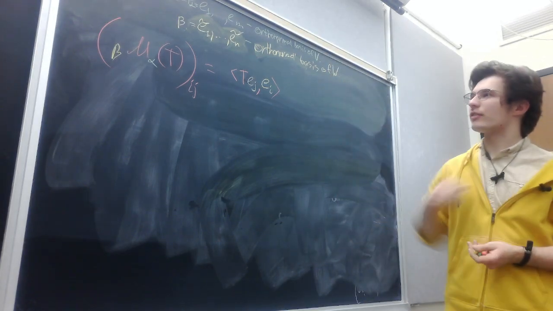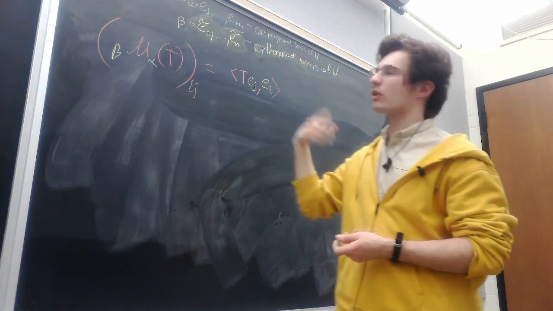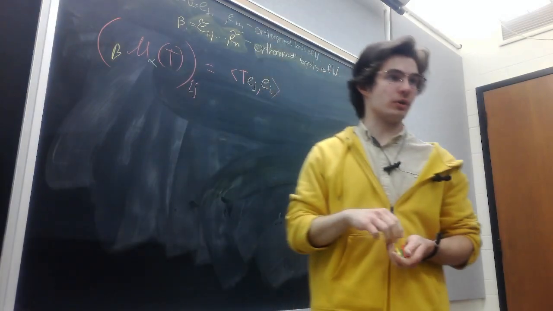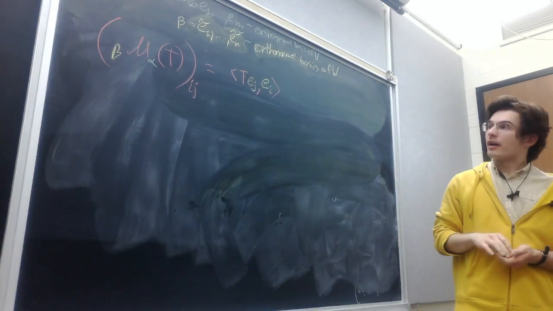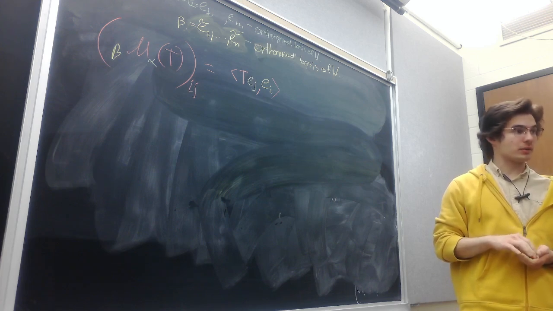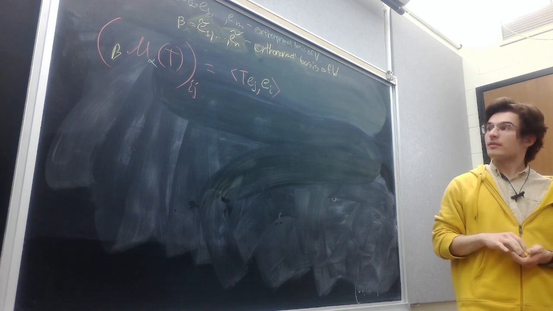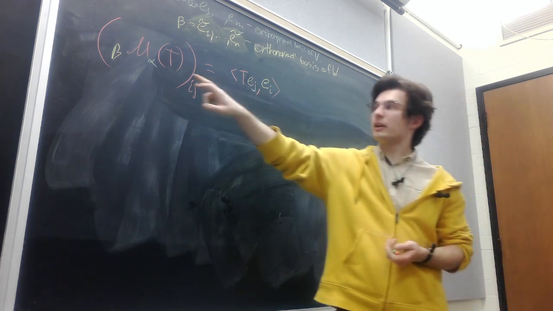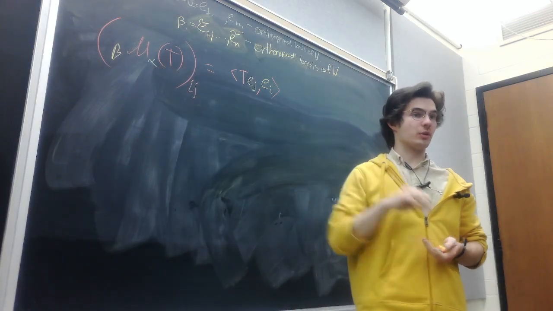So this is kind of the corollary of this theorem that we just proved. Why is this the case? Does anyone want to try and tell me why it's the case? So I write down the matrix and I look at the ith, jth component.